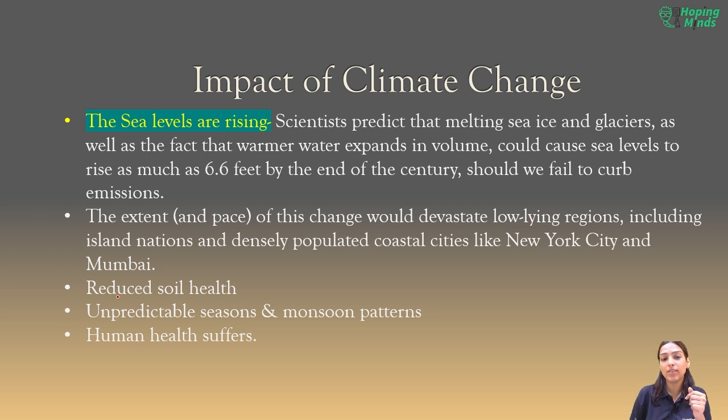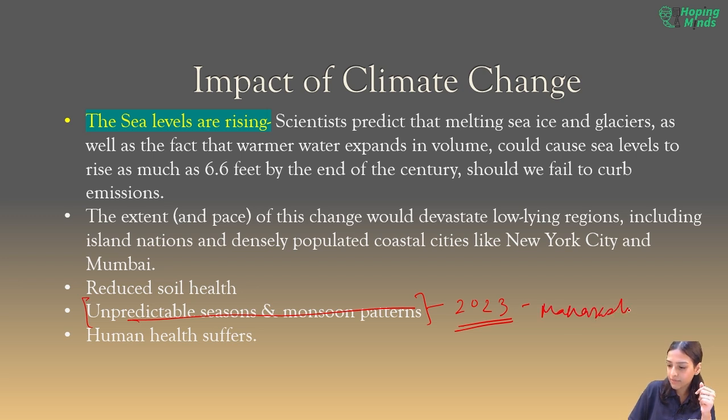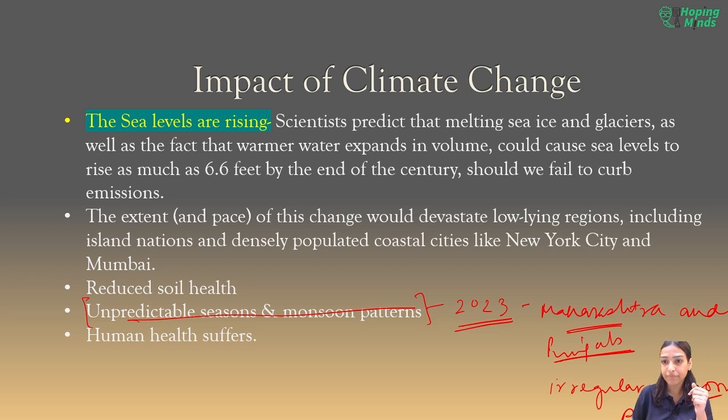Then the soil health has reduced, and there are unpredictable season and monsoon patterns. The biggest example of this is that in 2023, Maharashtra and Punjab saw the most irregular monsoon patterns ever.